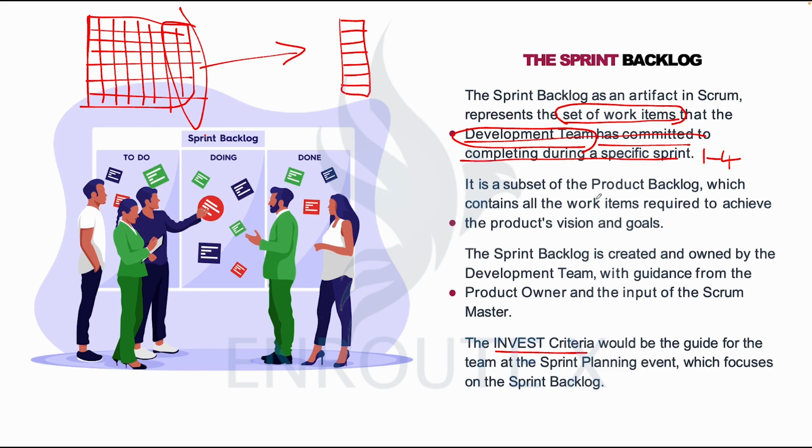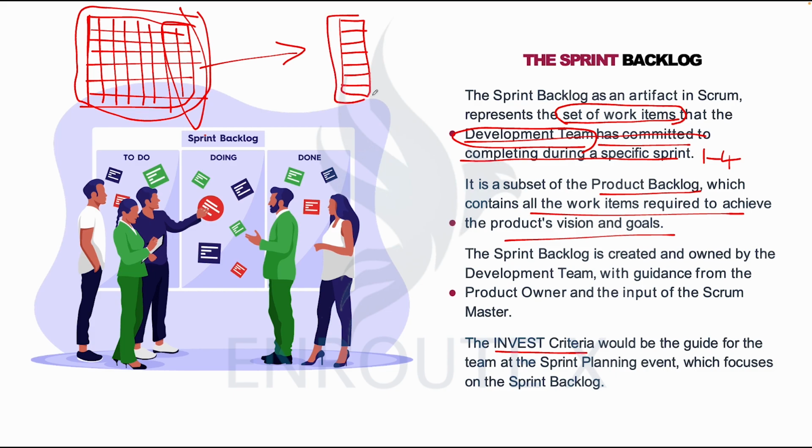So it is a subset of the product backlog, a piece or a portion of the product backlog that we have now decided to deliver in the duration of a sprint. The product backlog has the product vision and goal.